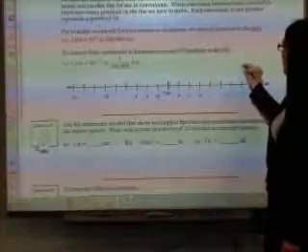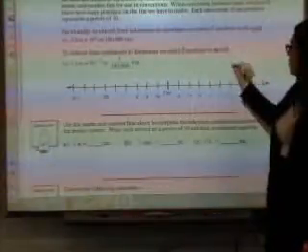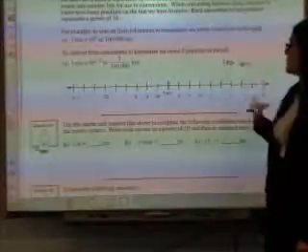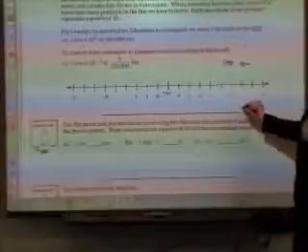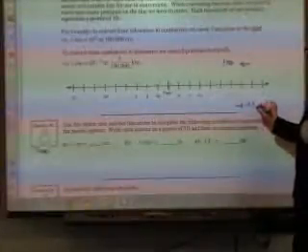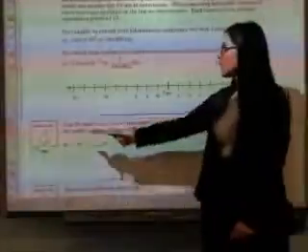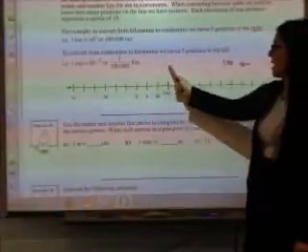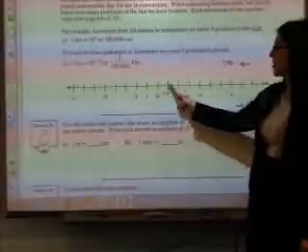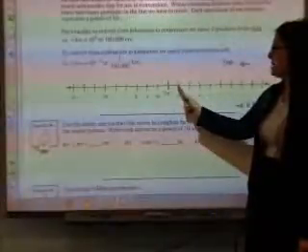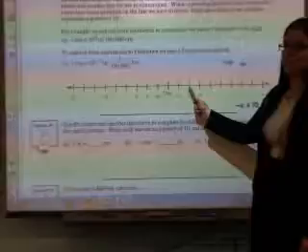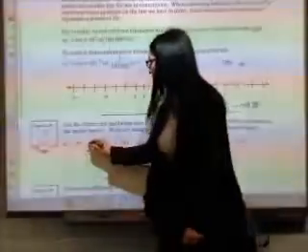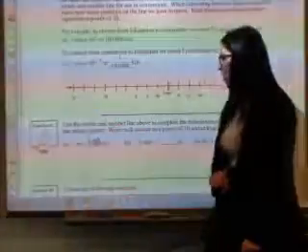So as I'm going this way, I would be dividing by powers of 10. And as I was going this way, I'd be multiplying by powers of 10. So if I was going from 1 meter, which is my base unit, to centimeters, I'd multiply by 10, 100. So 1 meter would equal 100 centimeters.